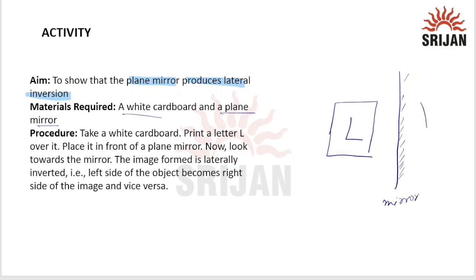In the image formation, you will observe the L looking just like this. This is your left side, this is your right-hand side. Here it is your left and it is your right. So what you are seeing is that the parts on the right-hand side came to the left-hand side in the image. So basically this is the lateral inversion.